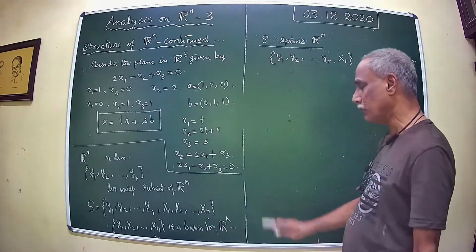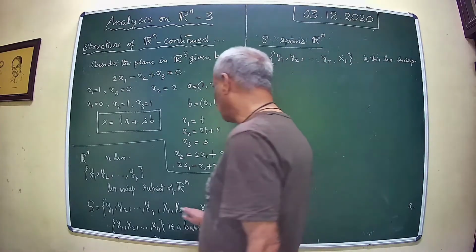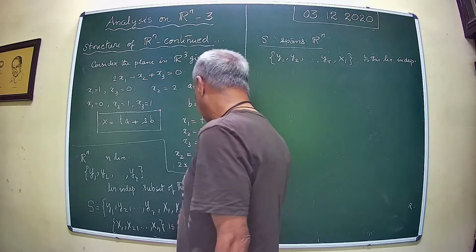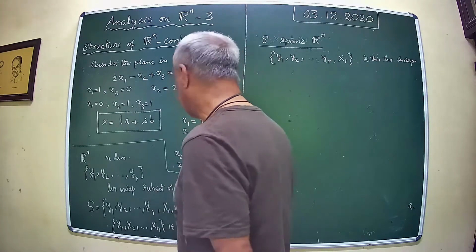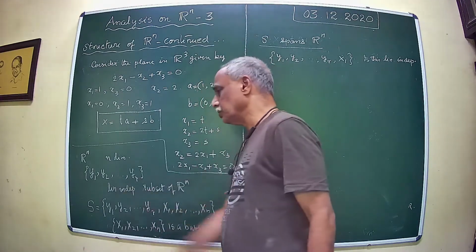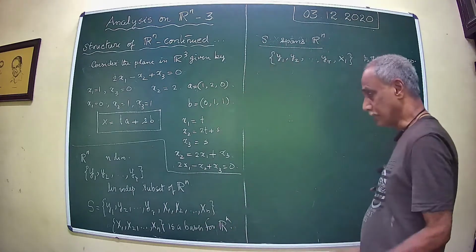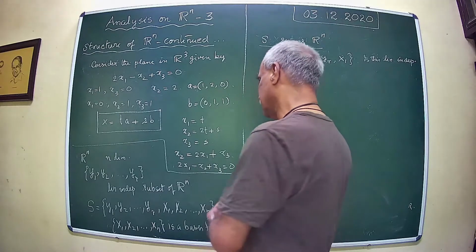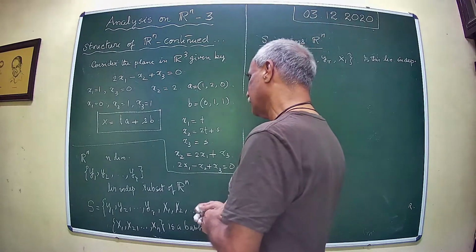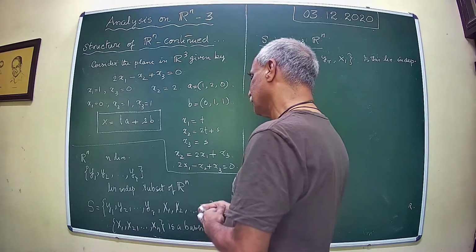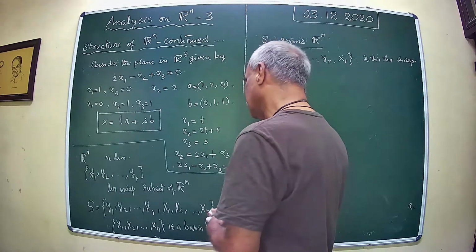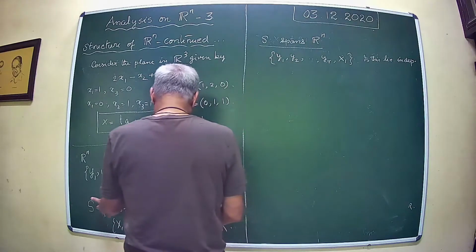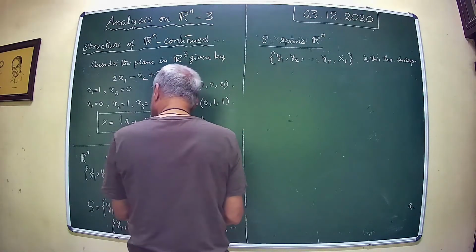How far can it go? It can go up to picking up n minus r vectors from this class to adjoin to this, so that together they will make the basis. And you know that it has to, because there has to be n linearly independent vectors as there is already a basis inside that.